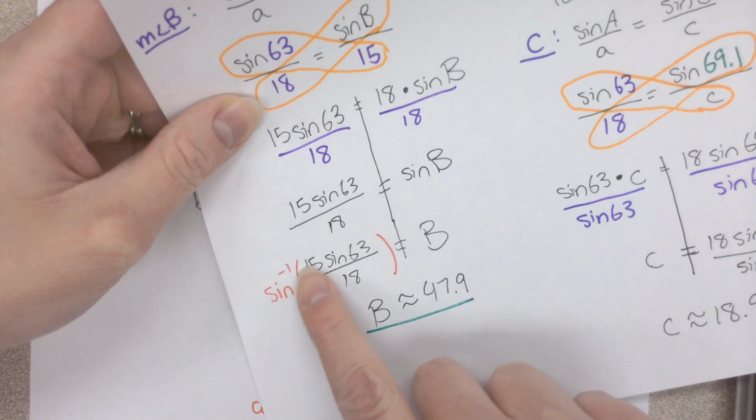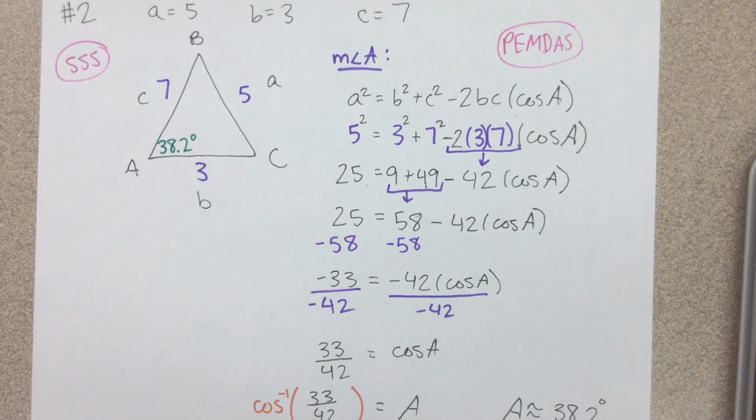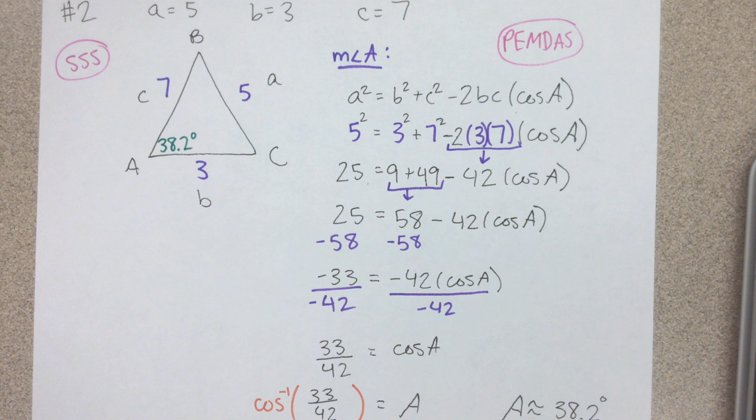We had to use inverse sine because we were finding an angle. You would run into that same issue here because we're looking for an angle. So if you use inverse sine and the one you were solving for is the one that could lead to that second triangle, that's causing issues. So my rule of thumb to avoid that mistake is if you start with law of cosines, you finish with law of cosines. So I'm going to do law of cosines again.